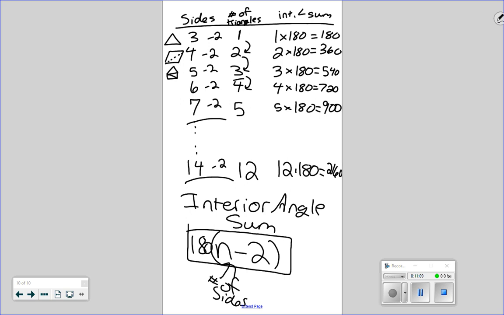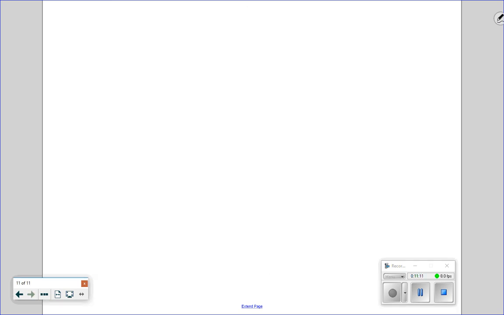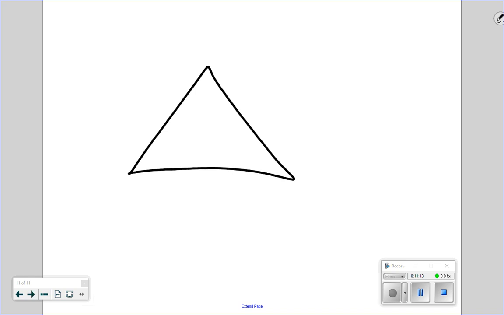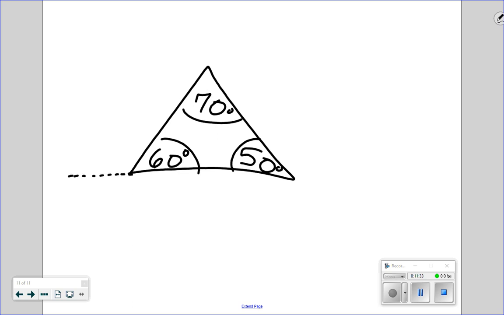Okay, so let's talk real quickly about exterior angles. And we're just going to do it with a triangle. So let's say these are my interior angles of a triangle. Well, we said the exterior angles are basically supplements of that. If you could imagine a little line extending out here. The exterior angle would be the supplement of each of those interior angles.